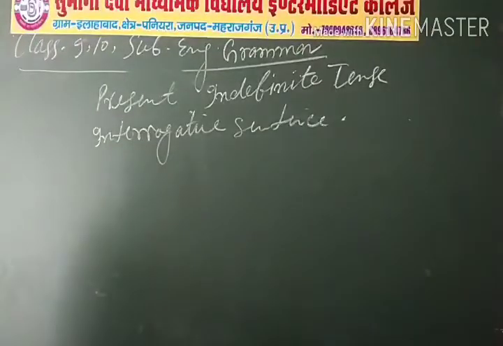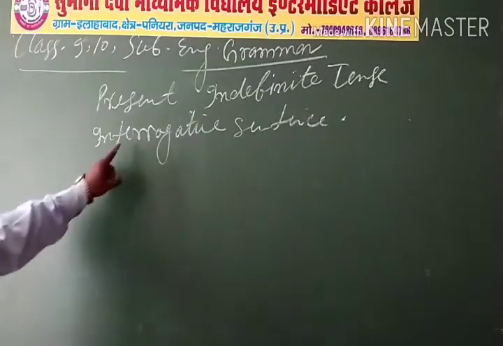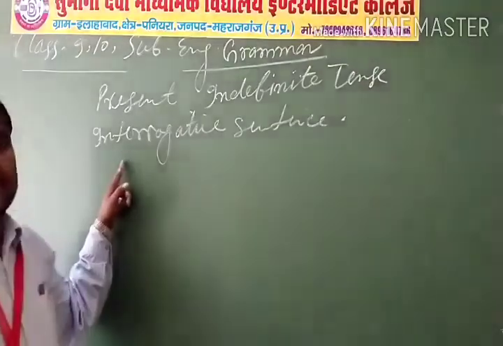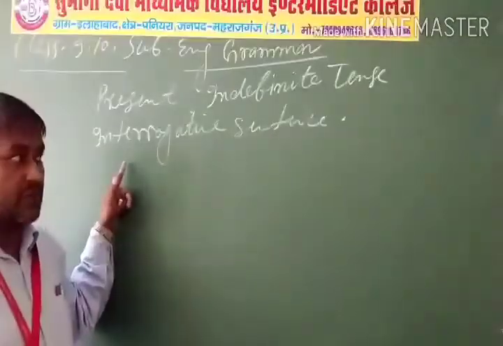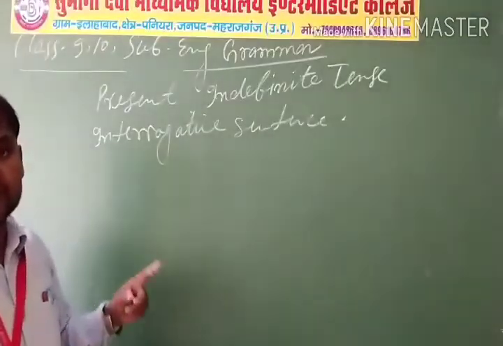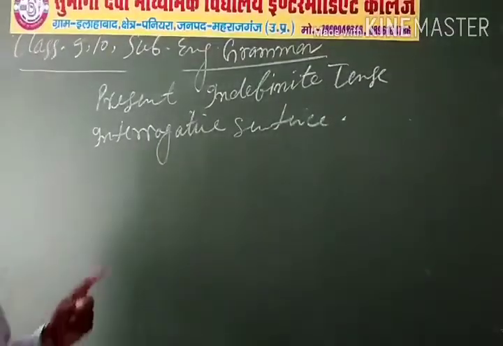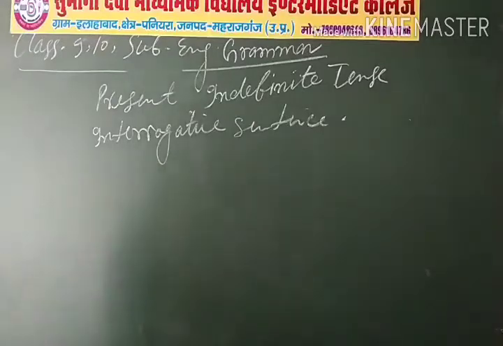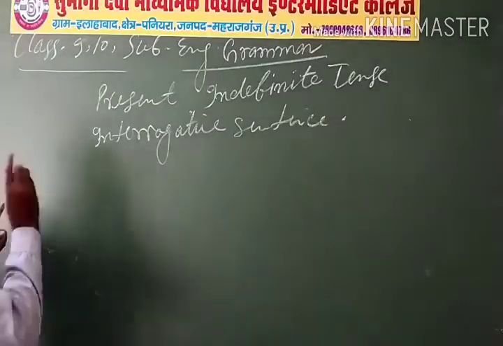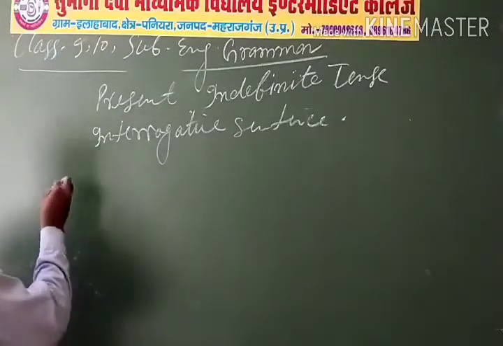Before it, you have read that there are two types of interrogative sentence: yes or no type interrogative sentence and WH type interrogative sentence. And in Hindi, if the question word comes first, then by this way we have to solve the problem.